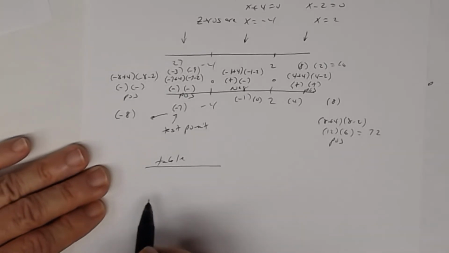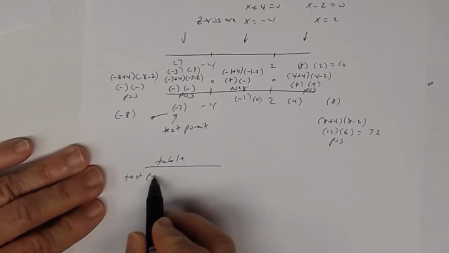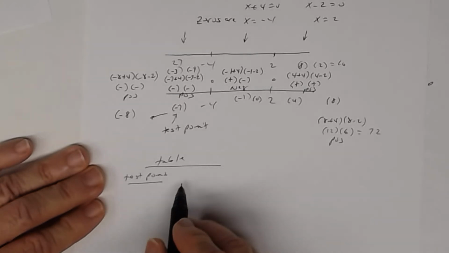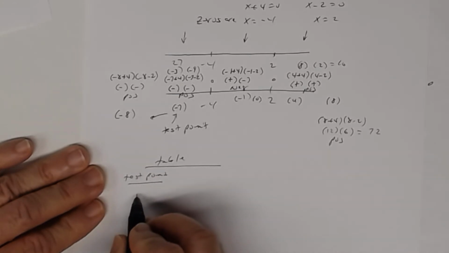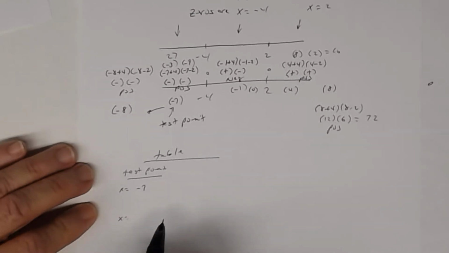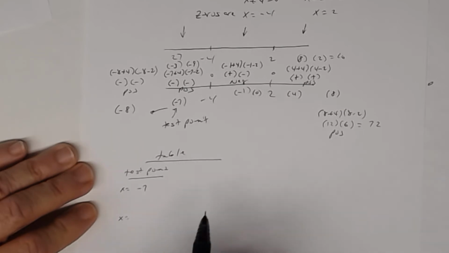So in the table, you would have your test point, okay? And in this case, you'd say test point is x equal -7. Then your other test point is x equal -1.